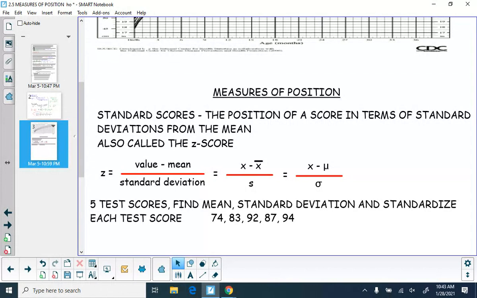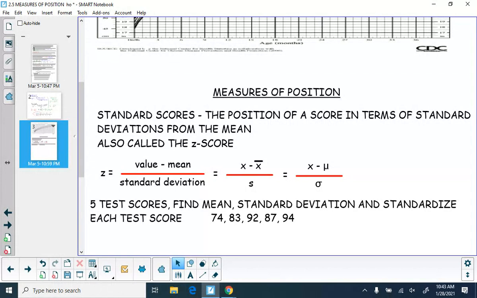This is also called a z-score. We'll just learn how to calculate it here. The entire second 9 weeks will be based on a z-score. We will calculate z-scores and utilize z-scores a lot the second half of the year.